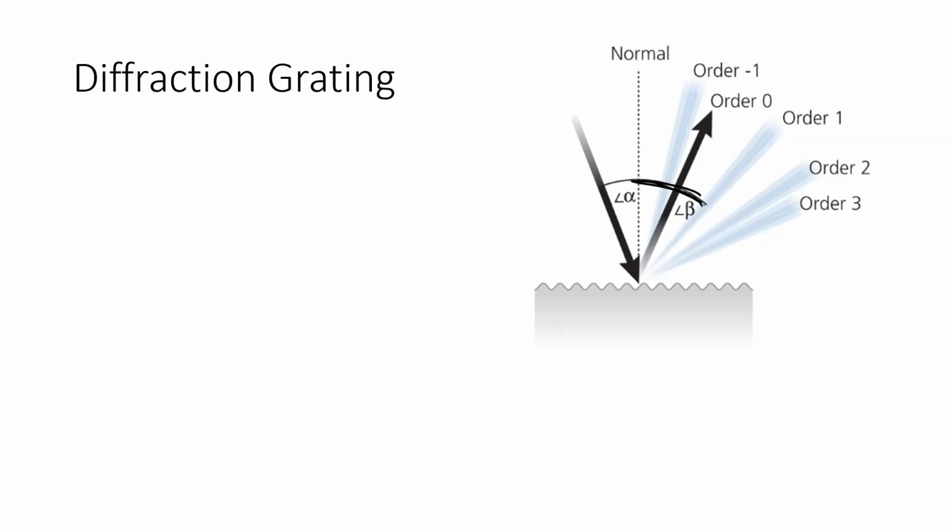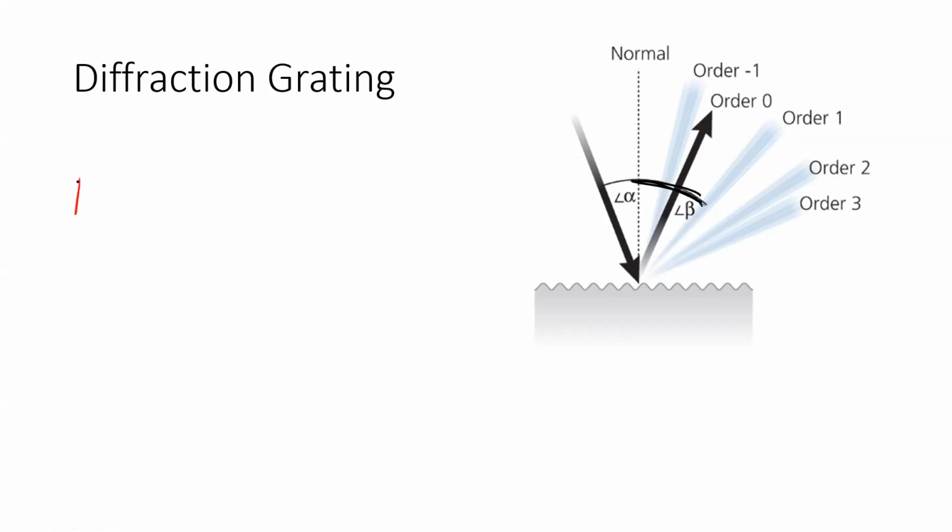When we talk about resolution of a grating, so big R again, resolution, not reflectivity, we can think about it as lambda over delta lambda. In other words, what kind of separation can we get based on the wavelength?